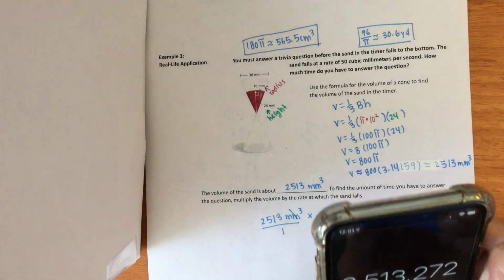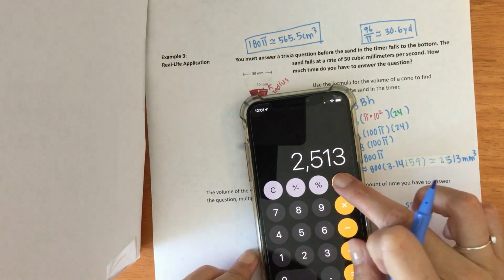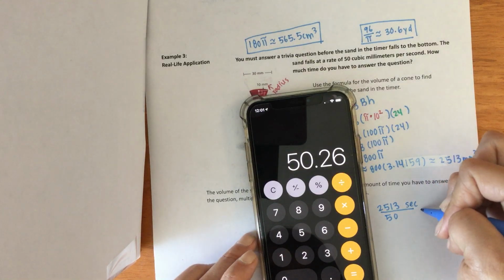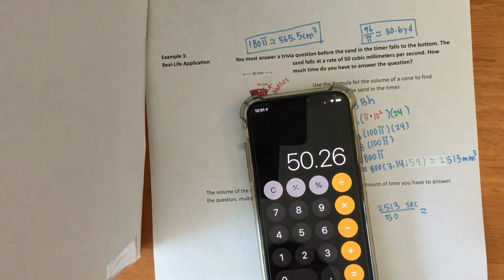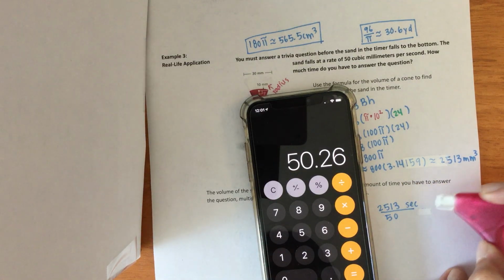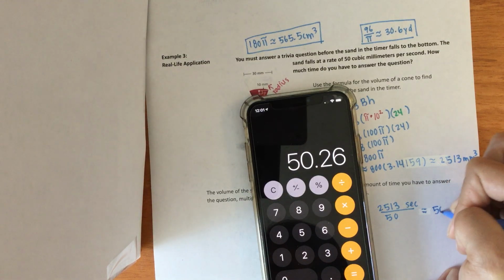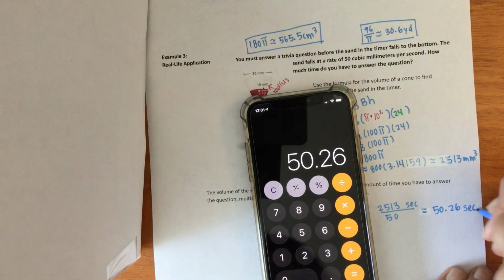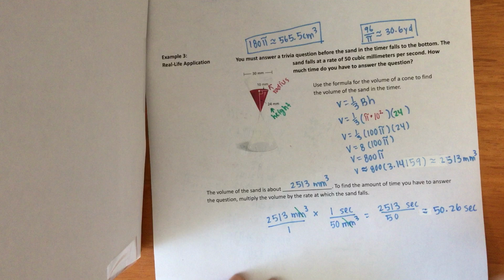And let me do that for you all. I have 2,513 divided by 50. It equals 50.26 seconds. All right.